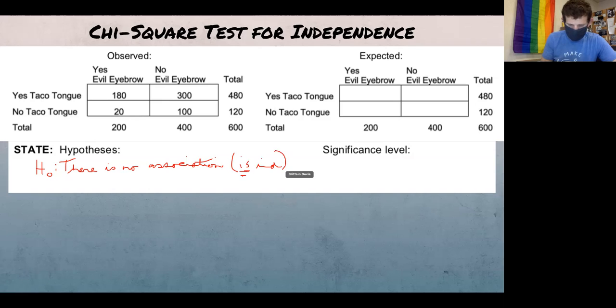So that means the alternate is that there is an association, which means they are not independent. Significance level, 0.05. Why not?